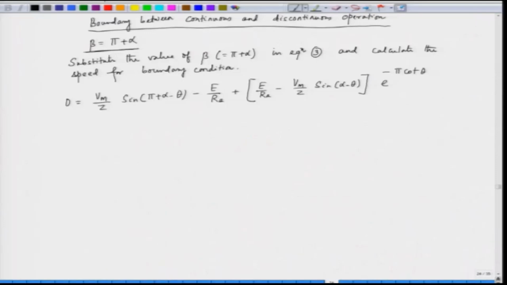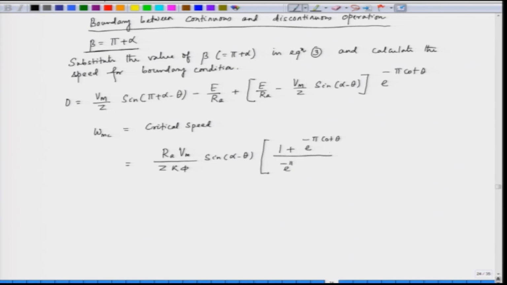Now, from this we can find the value of the critical speed. If you simplify this, the value of the speed is given as Ra into Vm divided by Z K phi, times sin(alpha minus theta), into (1 plus exponential of minus pi cot theta) divided by (exponential of minus pi cot theta minus 1).